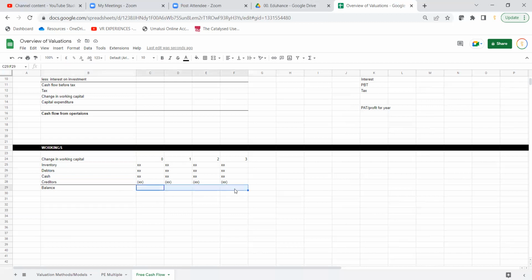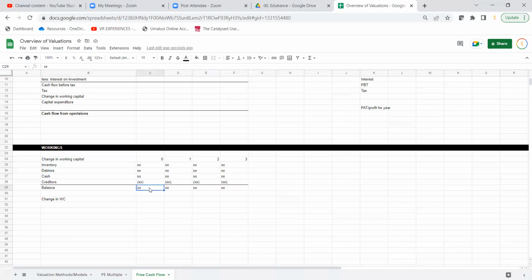Here you have the balance now, but you don't want the balance, you want the change in working capital. The way you get the change in working capital is by subtracting the two, that minus that, that minus that.